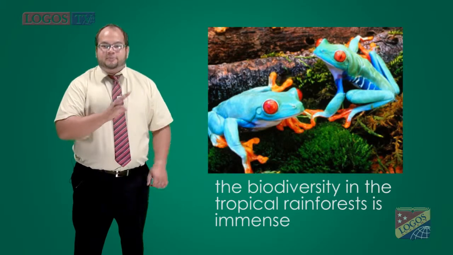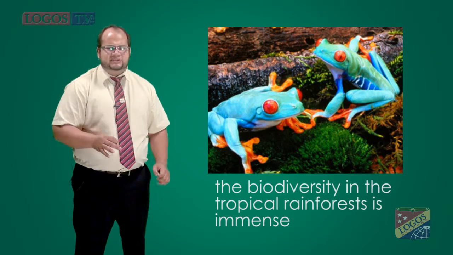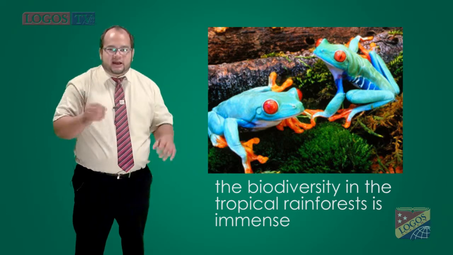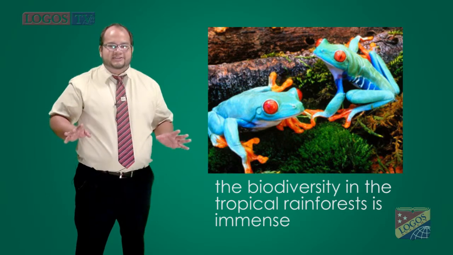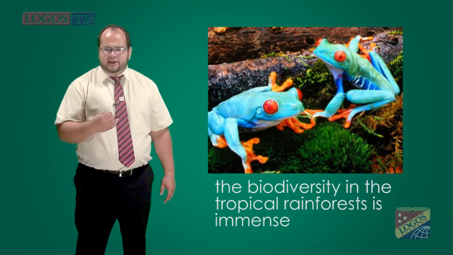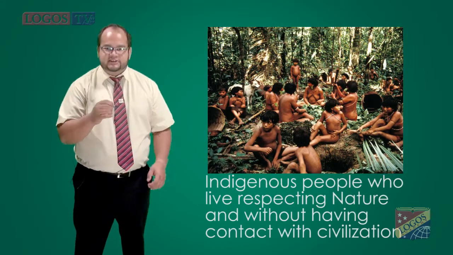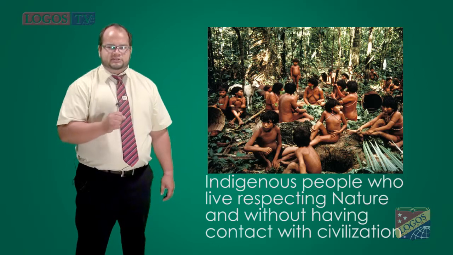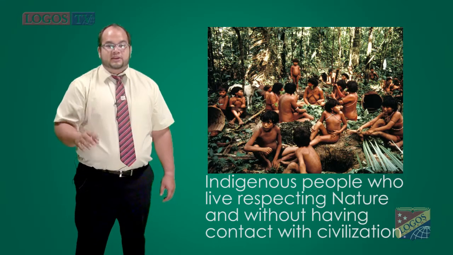Second, the biodiversity in the tropical rainforest is huge, immense, abundant. There are a great amount of species. Some are not even known yet. Plants, animals, and insects, but also indigenous people who live respecting nature and without having contact with civilization.